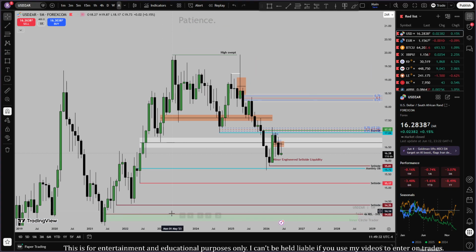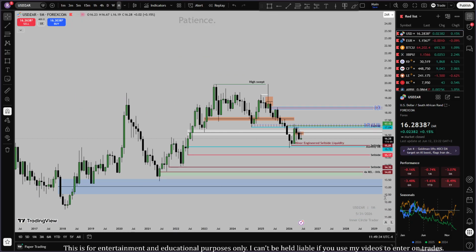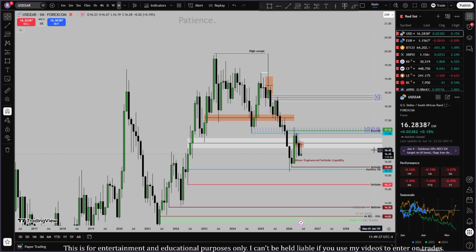It's looking like a market maker sell model, guys. I'm not lying. I've been saying it since we shipped that high and came down here. I've been looking at it and it looks like a market maker sell model. Watch out. We might go lower.